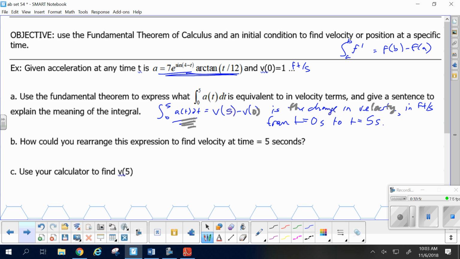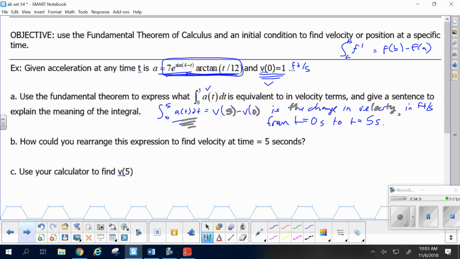Right? Now, say we wanted to find out how fast it was going at time 5. I definitely don't want to do like I previously did and try and find the antiderivative, because that is a nightmare. Instead, I'm going to use more of a definite integral fundamental theorem approach, because I could have the calculator do the area under the curve, and I have a starting point. So with a little rearranging, I could work this out.